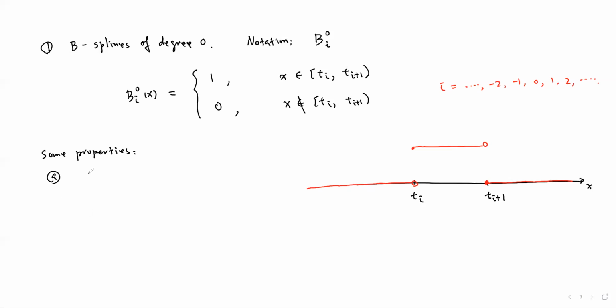First, B-spline of degree 0 is non-negative everywhere, for all integer i and all x. Second, B_i^0 is a continuous function, not from the left, but from the right.